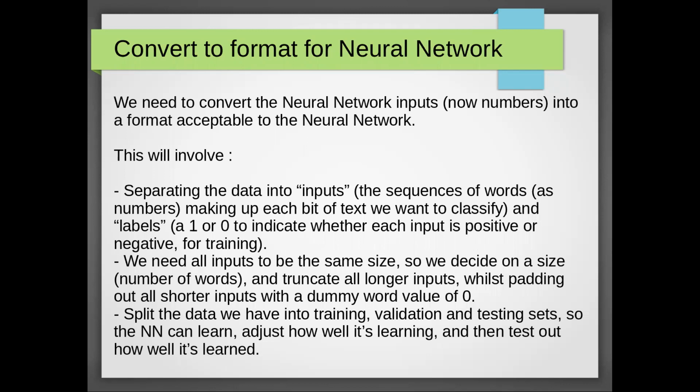We also, if you remember from your neural network stuff, need all of our inputs to be the same size. Obviously, when we're dealing with something like the Titanic data, that's not so much of a problem, because you've just got maybe some empty columns and you can do something about that. But you have to do the same thing with text.